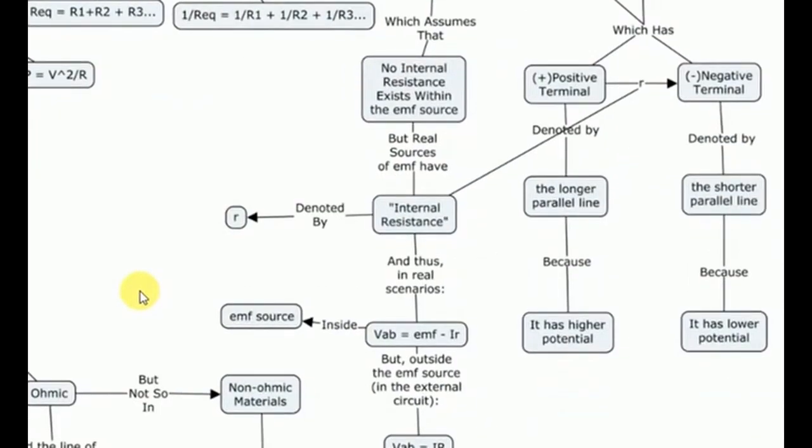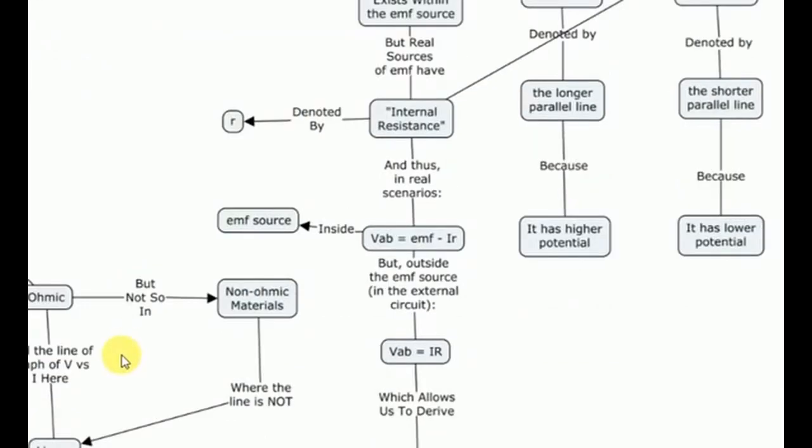Which means that the EMF, which provides the influence to move the conduction electrons from a low electrical potential to a high electrical potential, is actually larger than the terminal voltage. Now keep in mind the terminal voltage is still equal to the current times the outside resistance. It's just not equal to the EMF. The EMF is larger because there is an internal resistance.